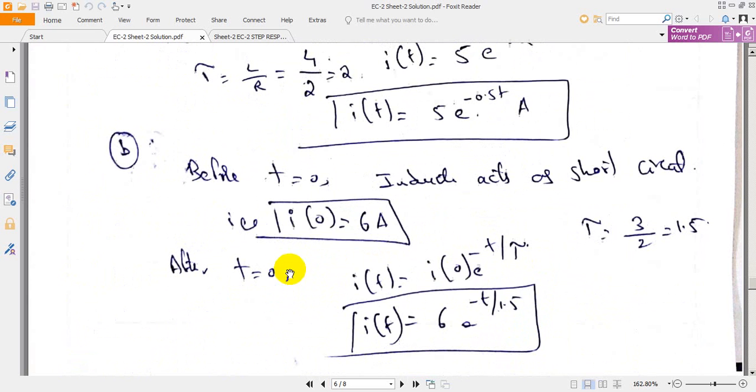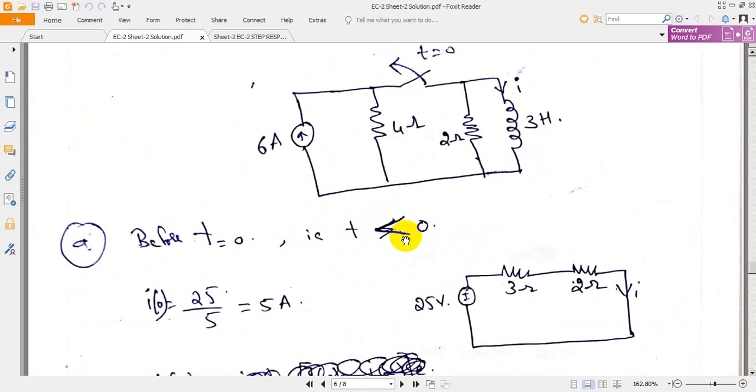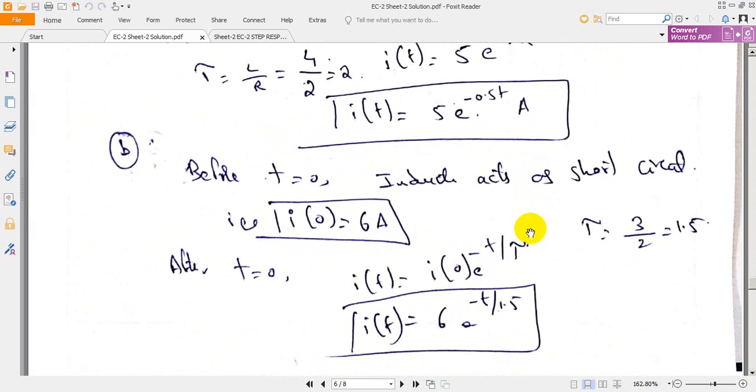So simply we can write I naught of 0 is equal to 6 amperes. It will be short circuited. Whatever current is present here will flow through this inductor. Next, at t is equal to 0, we got this current value before the switching operation.